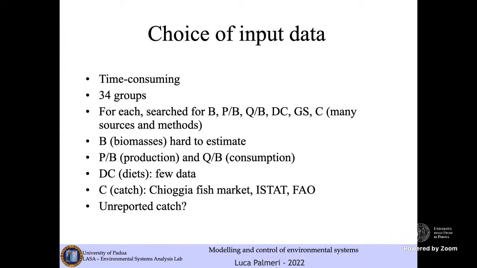In particular, for the diet composition matrix DC, we have very little information, and this is typical biologist work in which you bring the fish into a biology laboratory, you open it, and you evaluate the stomach content and the feces in order to find indications of the diet of the various animals.